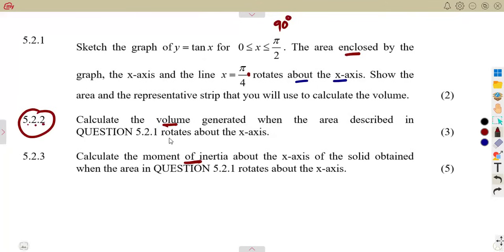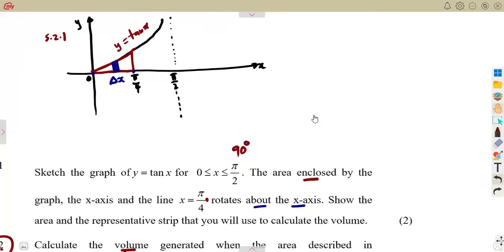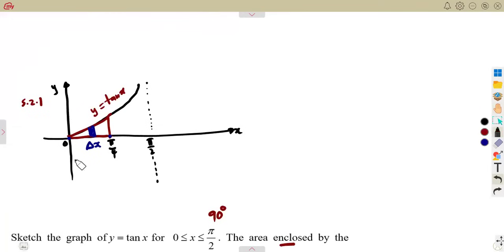To calculate the volume when the area described in question 5.1 rotates about the x-axis. If it rotates about the x-axis, and according to this strip that we are given, the strip is for x, the rotation is also for x. So it means we can use the disk method. This is corresponding to each other. So that's the disk method.